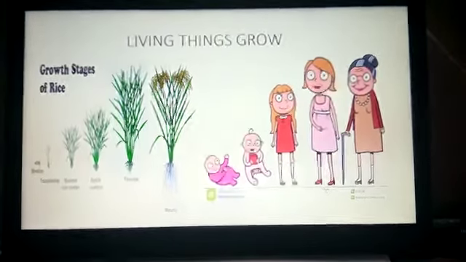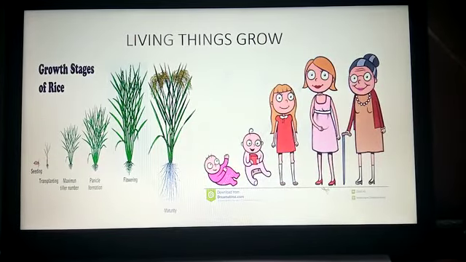Now coming to the second characteristic, that is living things grow. So we know that every living organism grows. Here you can see the pictures. So one is the plants, a seedling. When you sow a seed, it turns into a small plant, a baby plant.